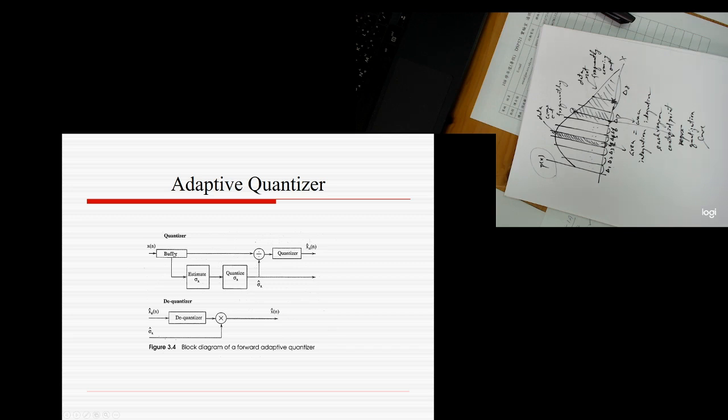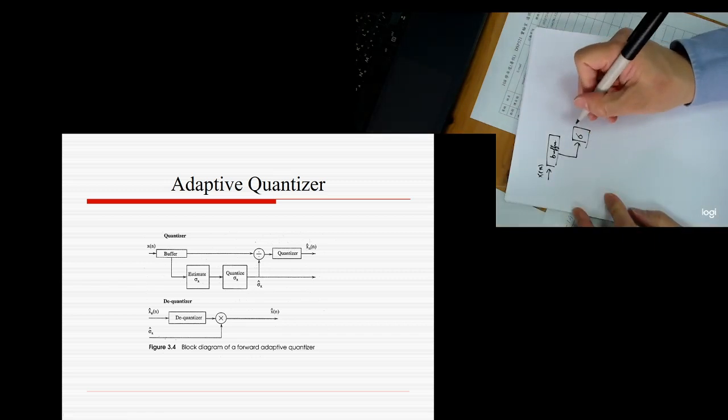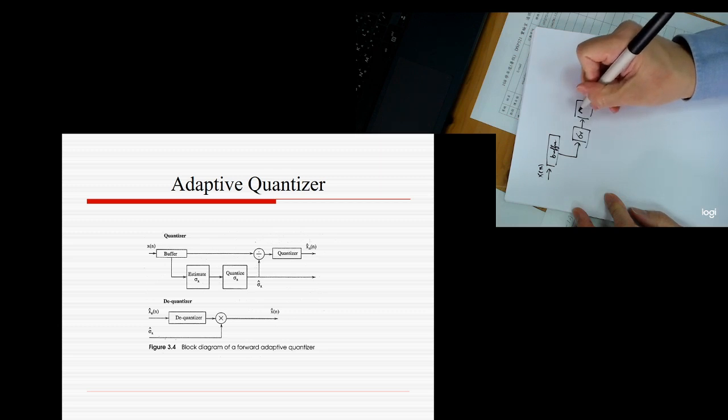So you can see, for your input data, we calculate the standard deviation and then we quantize it, and then we send the quantized deviation to the decoder, and the decoder also does the quantization.